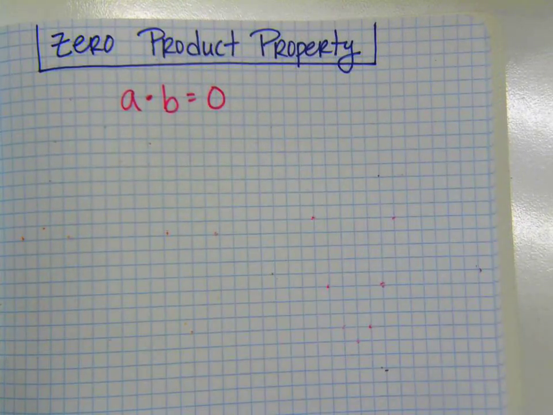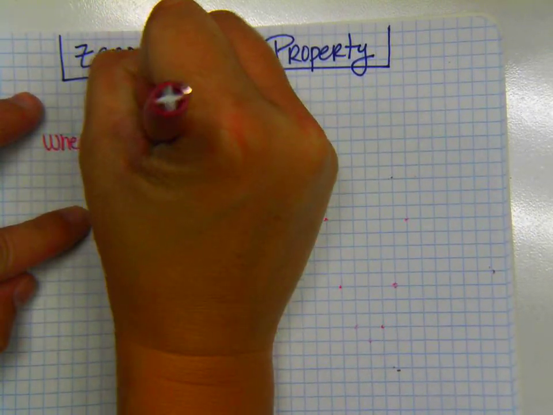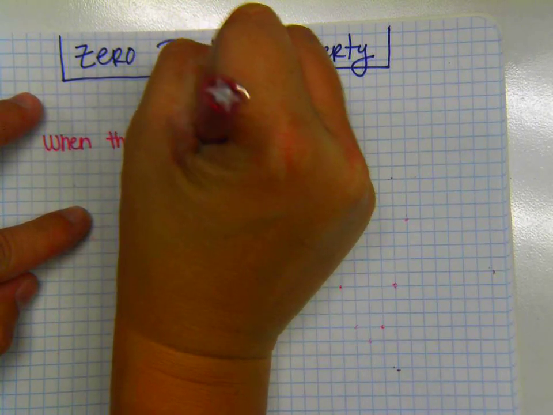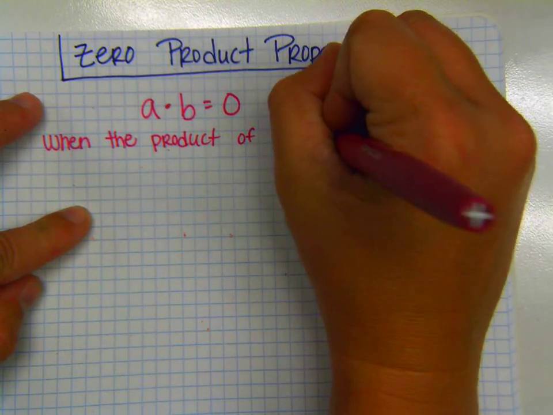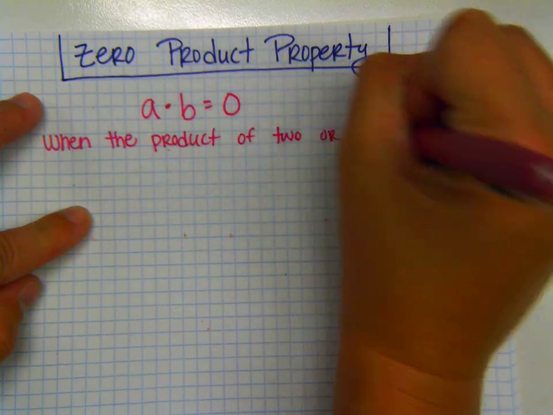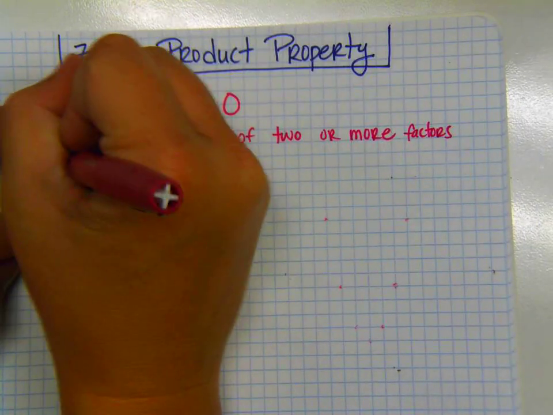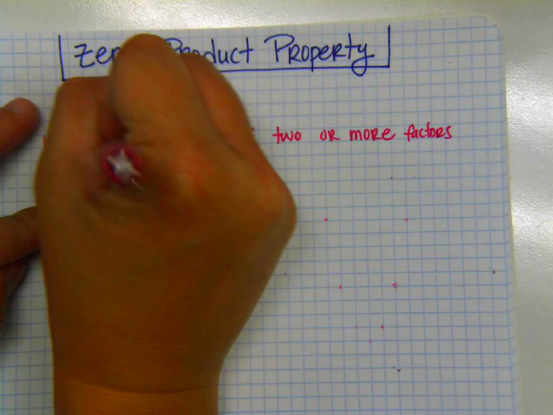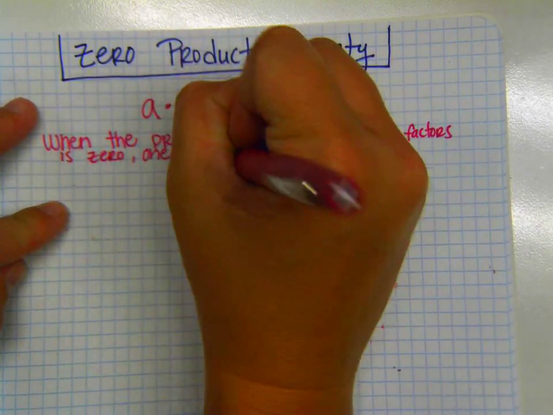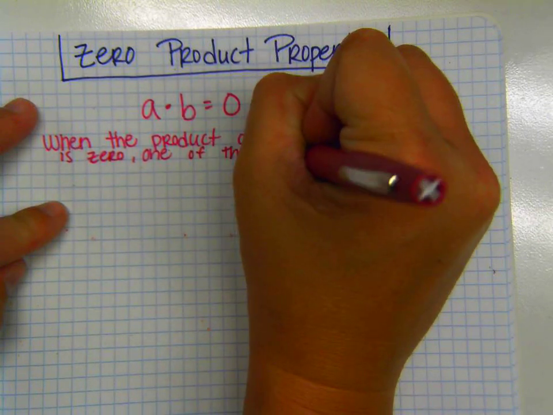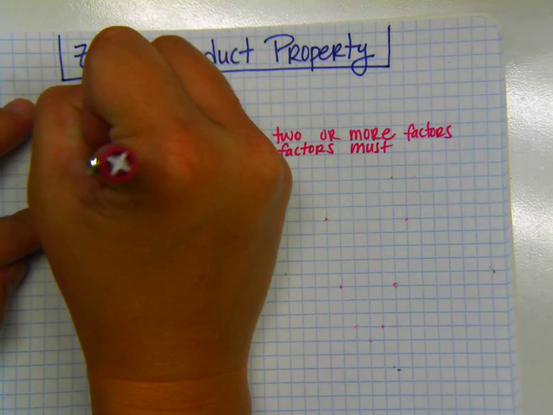Okay, so the definition here is: when the product of two or more factors is 0, one of those factors must be 0.